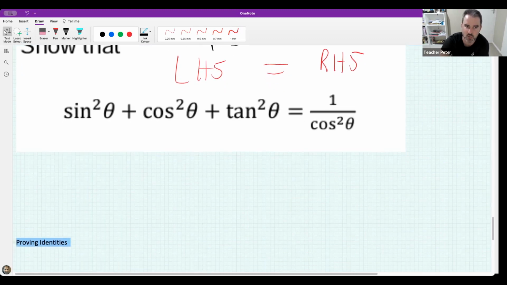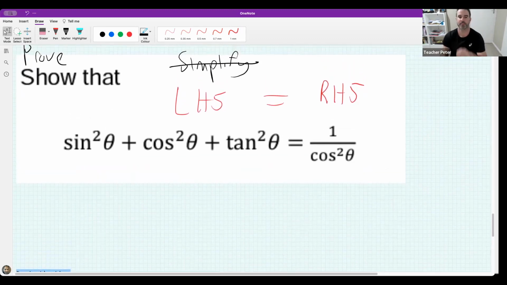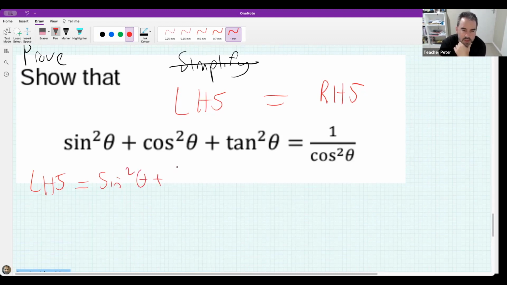Which side to you looks the more difficult? Definitely the left-hand side. So we write down what the left-hand side is. And now we are back in the world of the questions we were doing earlier. So I look at this and I'm going to try and simplify this. What should I do first?